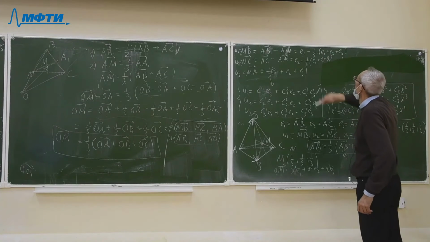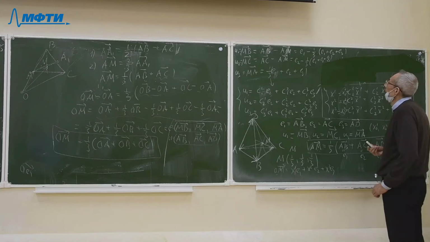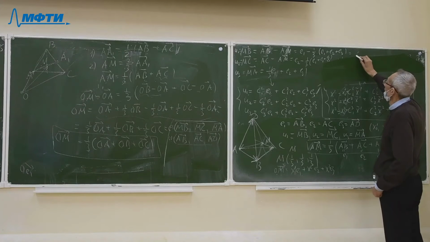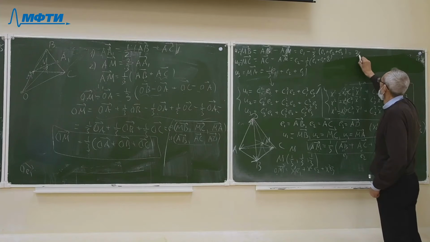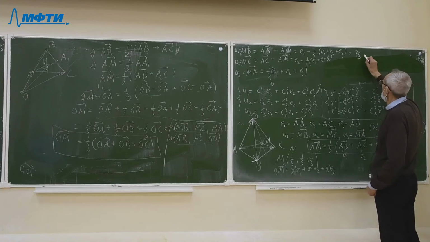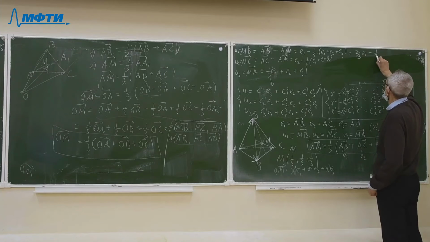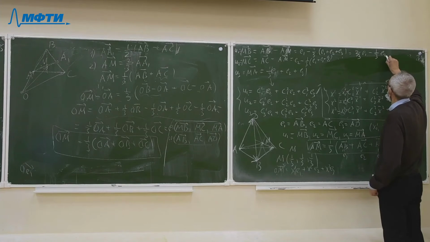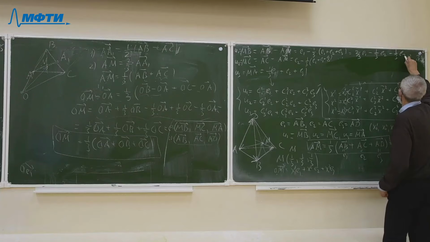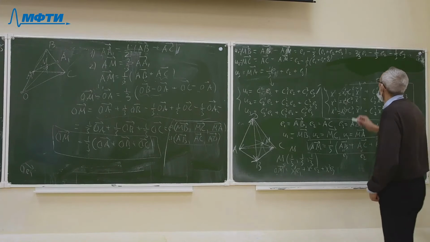E1 minus 1/3 E1, and we obtain 2/3 E1 minus 1/3 E2 minus 1/3 E3.